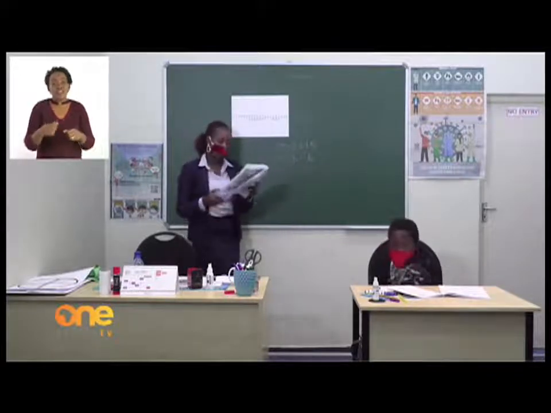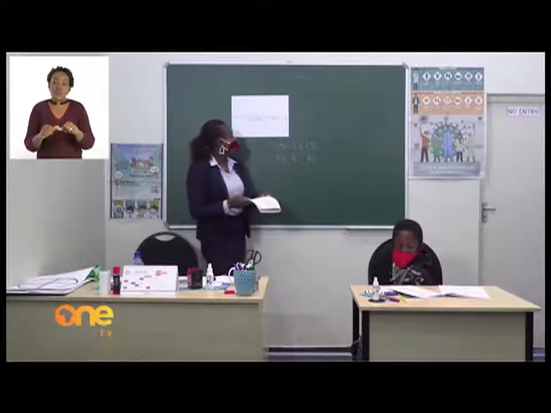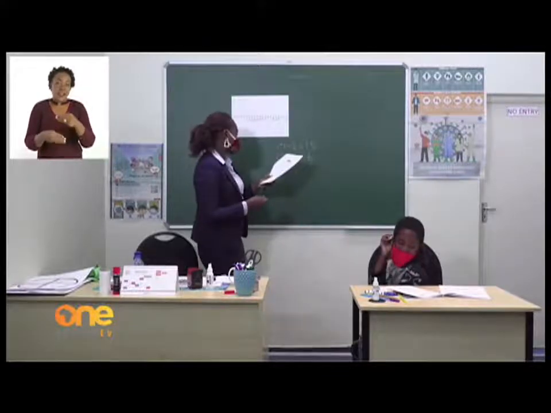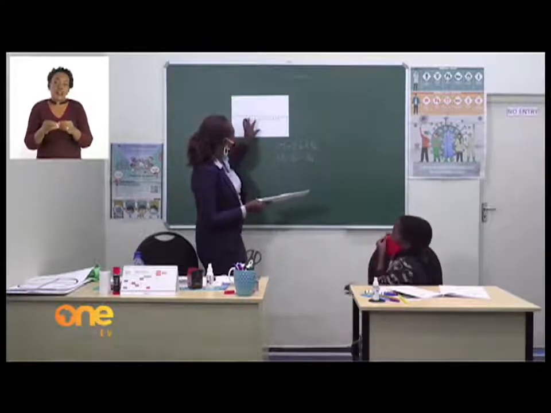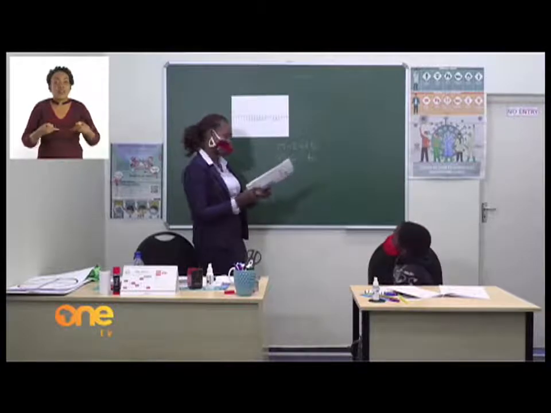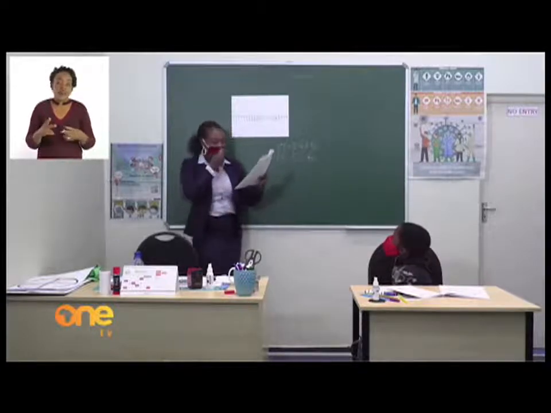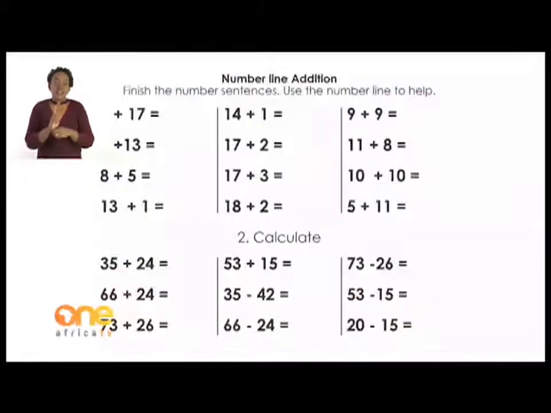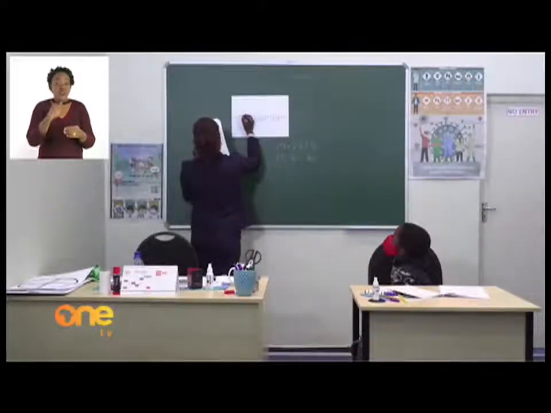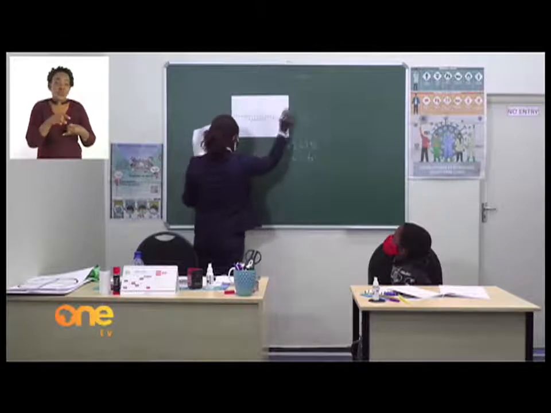We are now moving on to addition of numbers using our number line. Okay. Our first question is 3 plus 7. Okay. So we go to 3 plus, we are adding, we are going forward.